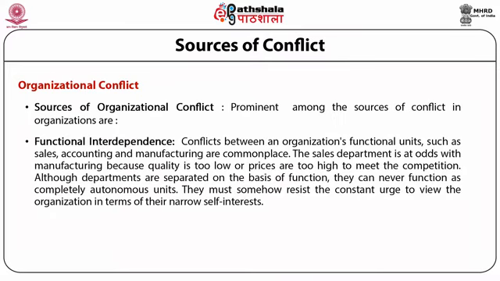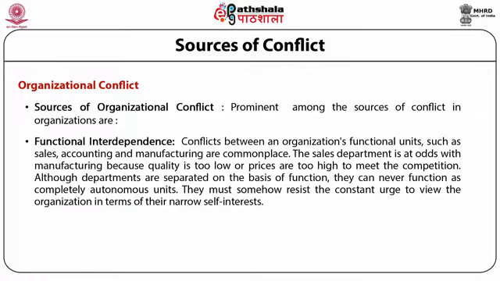Functional interdependence. Conflicts between the organization's functional units such as sales, accounting, and manufacturing are commonplace. The sales department is at odds with manufacturing because quality is too low and prices are too high to meet the competition.